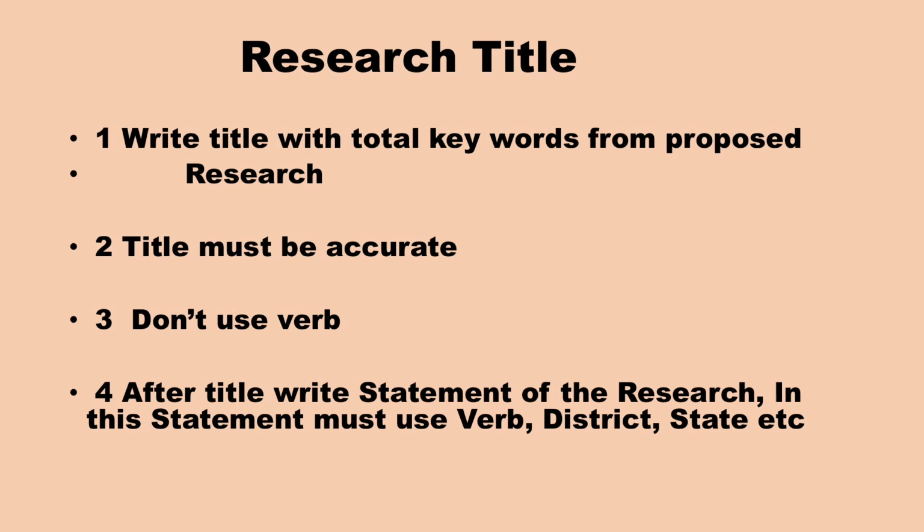In the statement you have to mention your state or district, standard, area, sector, etc. But in the title, you should not mention such things. You have to write a clear-cut title which is accurate, showing the keywords from your research study.